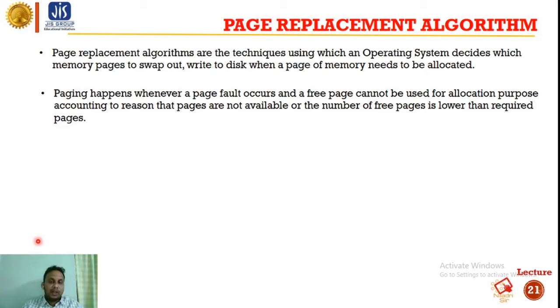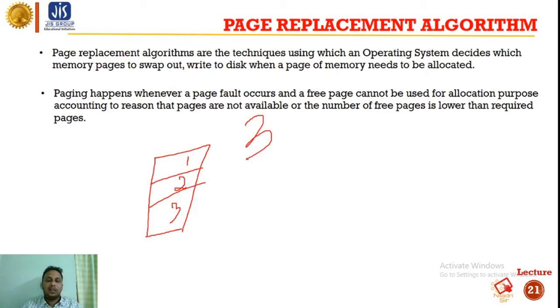Now, another example of when a page fault will not occur. Suppose in the memory there are 1, 2 and 3. The next one that will execute is 3. So there is no page fault. Why?